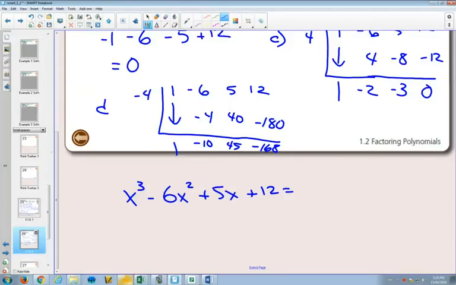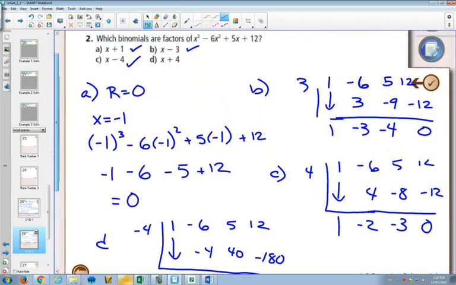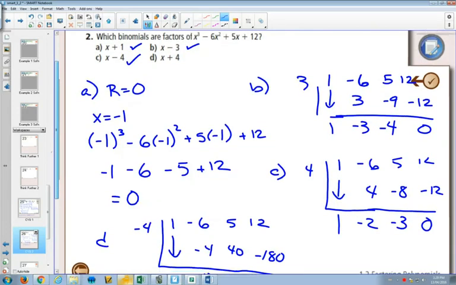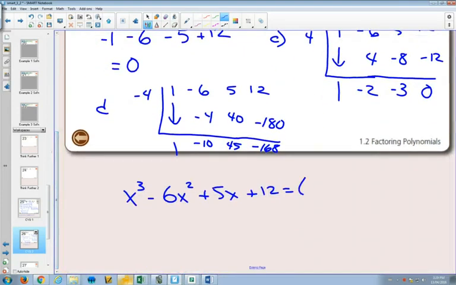With an x cubed equation, you can get at most 3 factors. And we found 3 factors. The first 3 worked: x plus 1, x minus 3, and x minus 4. This is equal to x plus 1, x minus 3, x minus 4. And we just factored it completely.